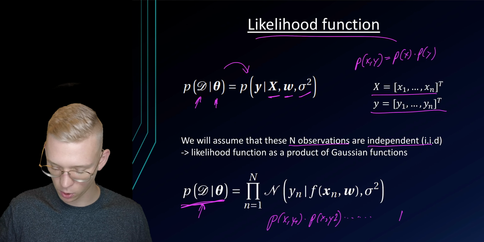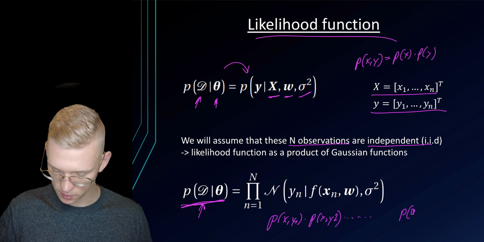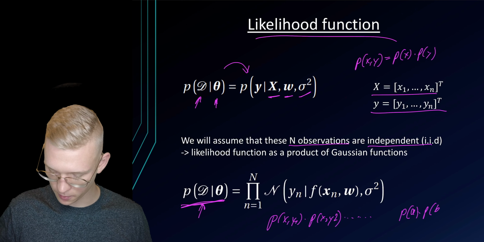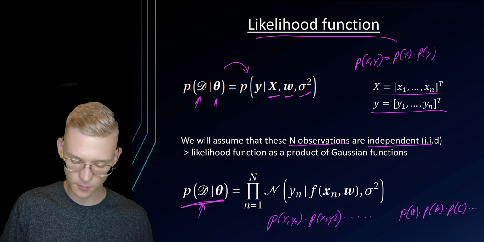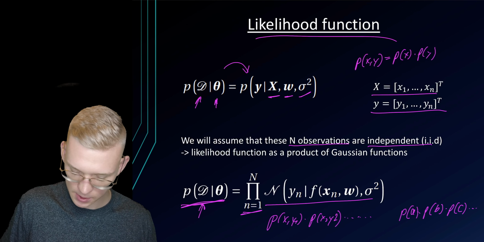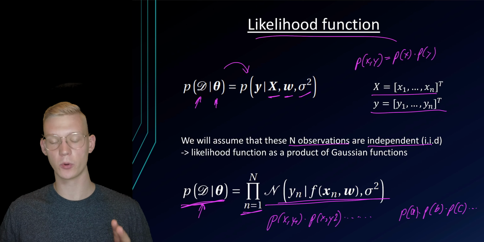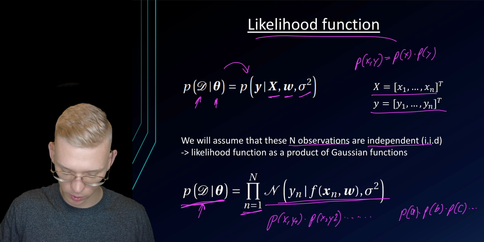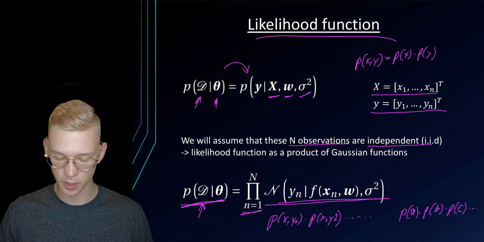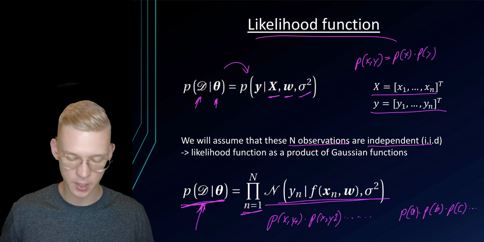So we multiply all probabilities together, a times probability of b times probability of c and so forth. The probabilities are our normal distribution. So we multiply the normal distributions with each other to get the overall probability of our data.